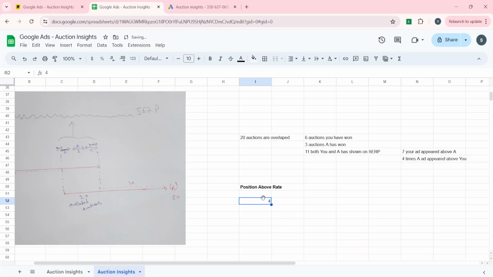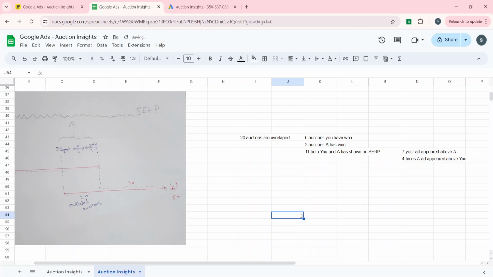So what is the total number of ads at that time? It is 11. So the position above rate is 4 divided by 11. Now it should be in percentage form. Okay, it is 36%. So advertiser A has shown his ads above us 36% of the total overlap that has happened. I hope you are getting these points. So this is about the position above rate.